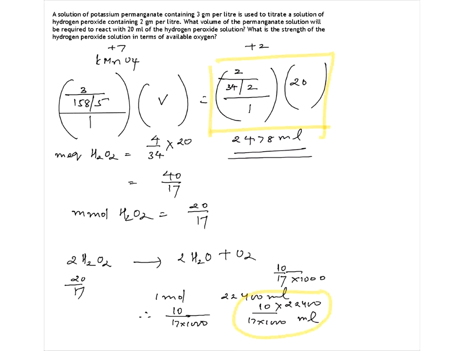Remember, when we say 20 volume hydrogen peroxide, we are saying 1 ml of hydrogen peroxide will give 20 ml of oxygen at NTP. It is the NTP of oxygen. Oxygen is the gas. We are not saying hydrogen peroxide is at NTP. Hydrogen peroxide is some liquid.